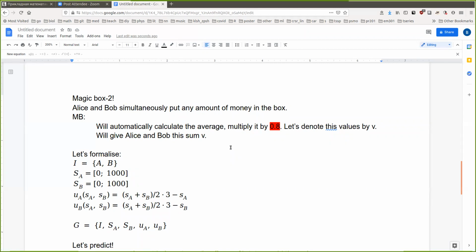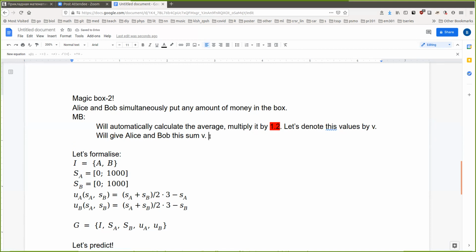We may see that the second magic box also prints money. So basically, if everyone puts 100 rubles there, everyone will receive... no, it's a bad box, no, one by 1.2.